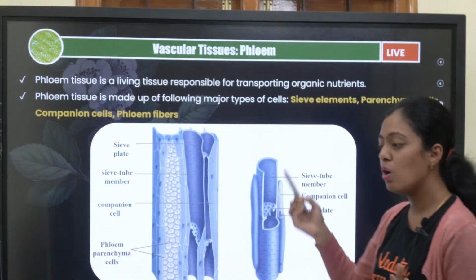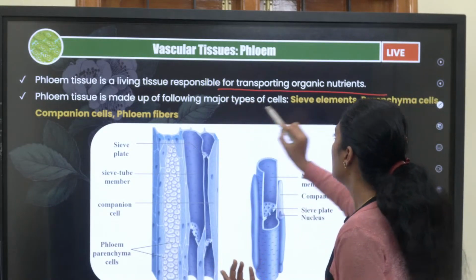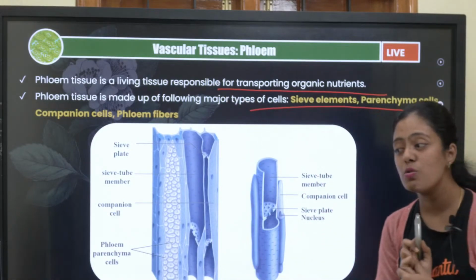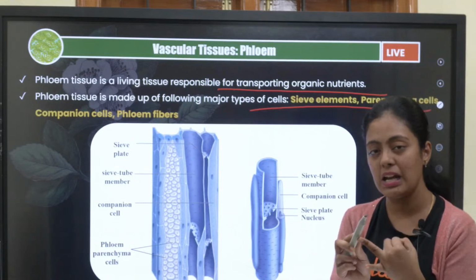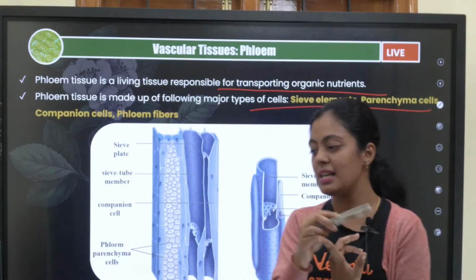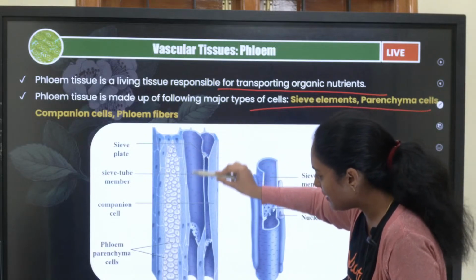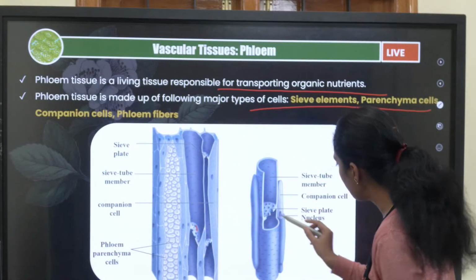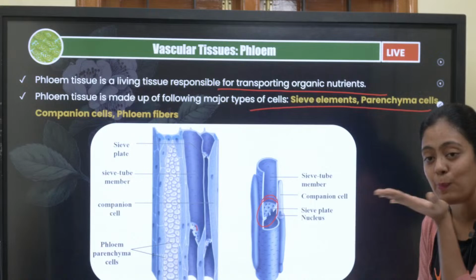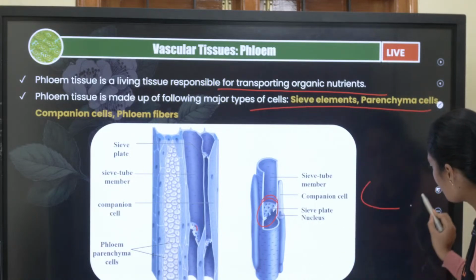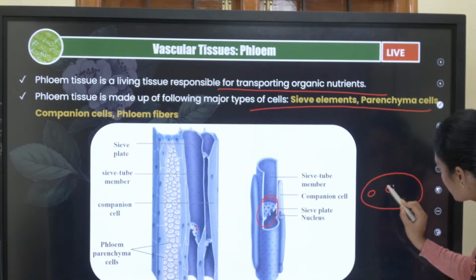We are looking at phloem. Phloem helps in transport of organic nutrients. It contains sieve elements, parenchymatous cells, companion cells and phloem fibers. Understand this structure very clearly. This is your sieve tube member. You can see a plate like structure here, the sieve plate. This sieve plate contains pores like this.